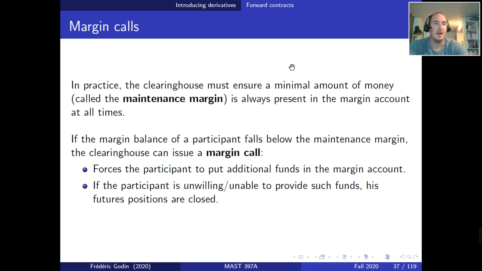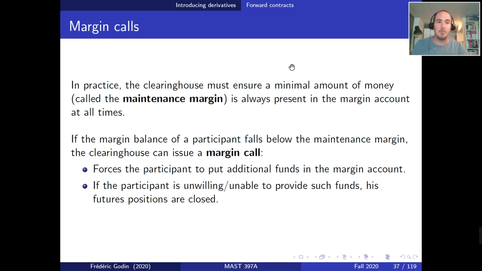Okay, so in the case of a margin call, the clearinghouse will require the party which has insufficient funds to deposit additional funds immediately in his margin account, and if the participant is either unable or unwilling to provide such funds, then his futures position is terminated, and by terminated I mean closed immediately.